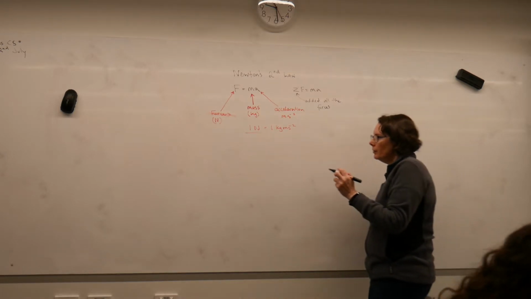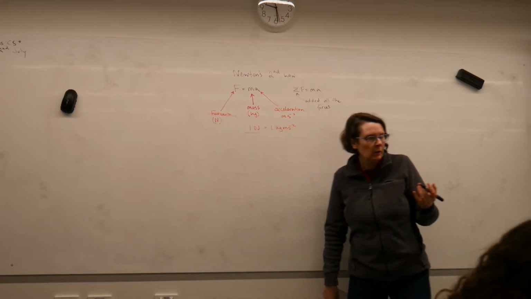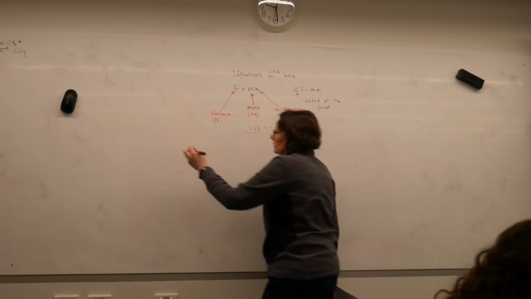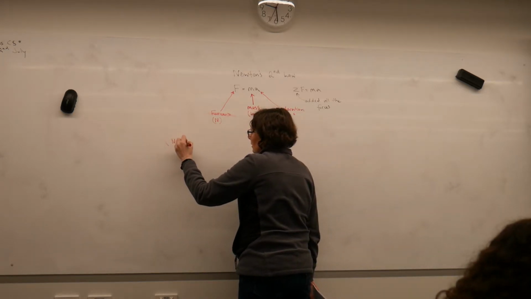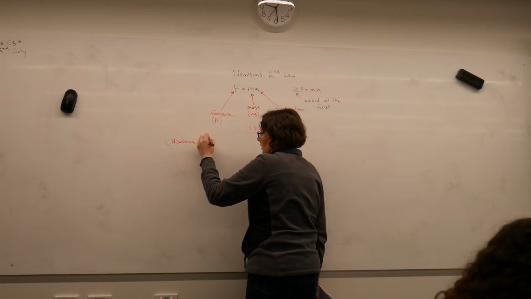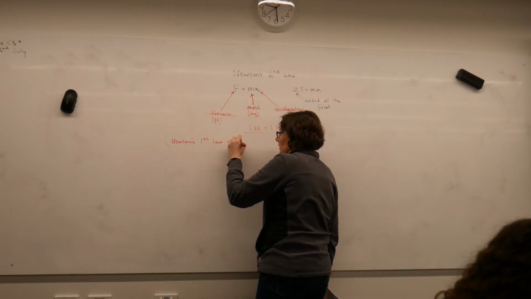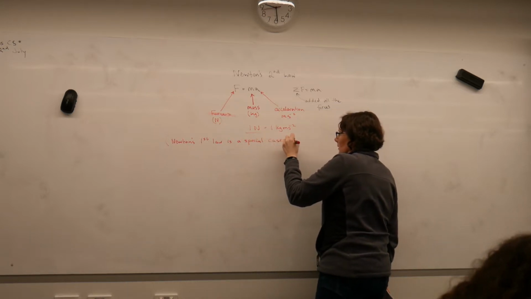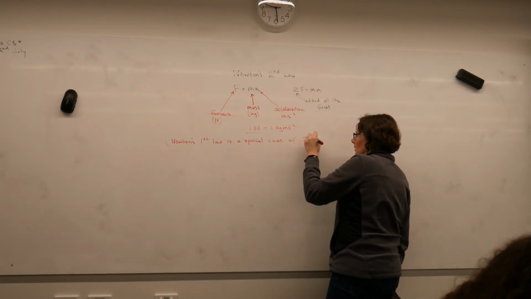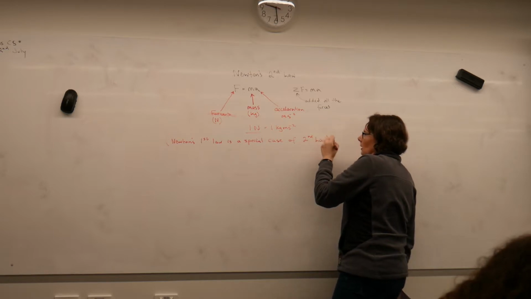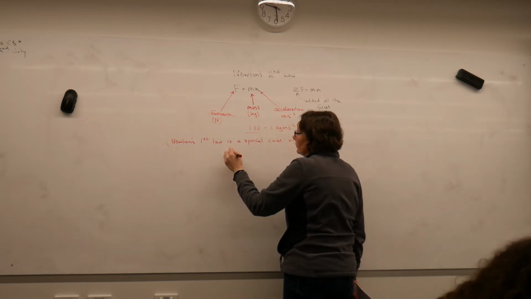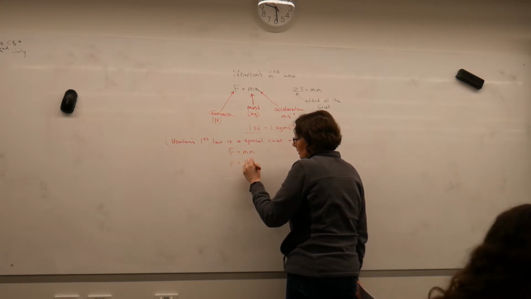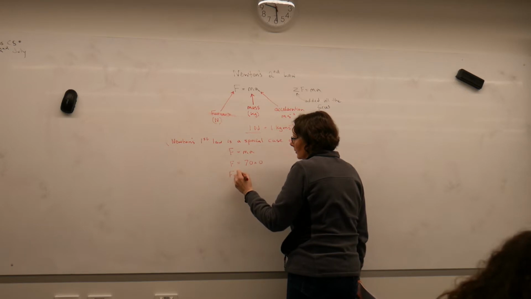And we can often think about Newton's first law as just a special case of Newton's second law. Because if we have no acceleration, then we're going to have no force.